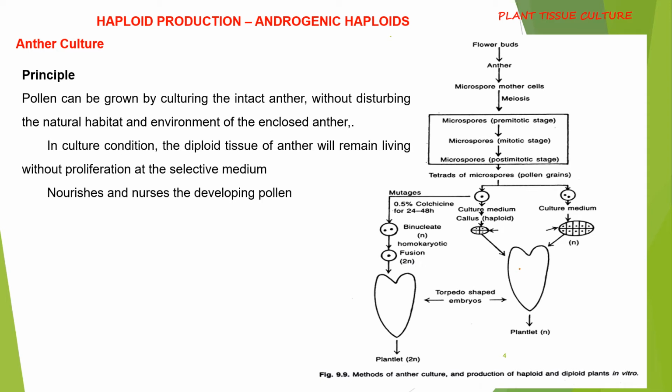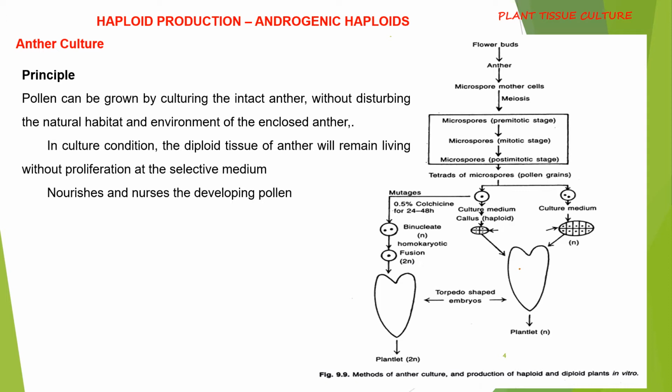In anther culture, intact anthers at precise developmental stage are inoculated into nutrient media. The pollens inside the anthers grow into haploid plants. Care should be taken not to damage the anther tissue because this would lead to formation of callus, which may in turn lead to indirect organogenesis to form a diploid plant from the anther tissue.